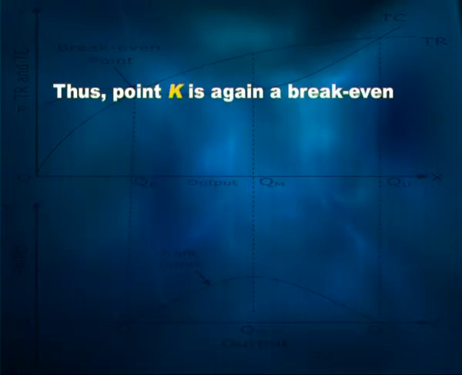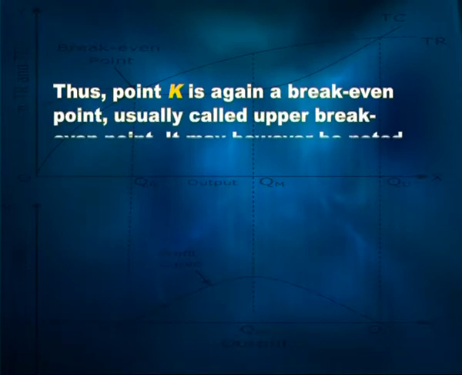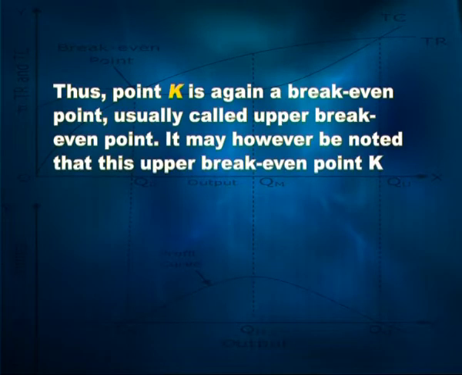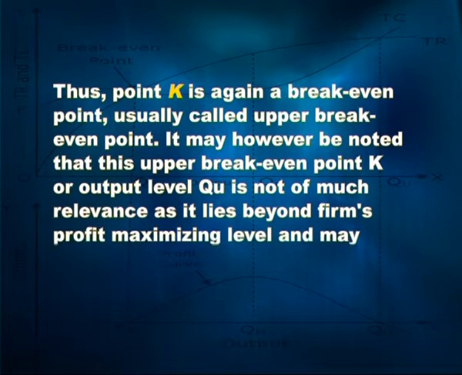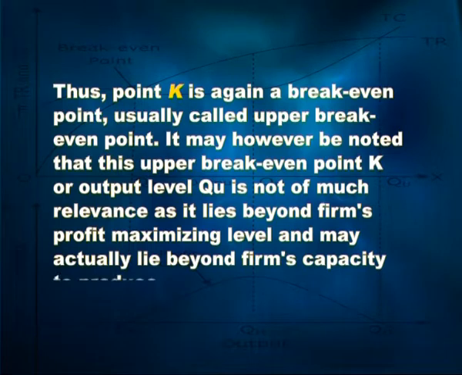This point K is again a break-even point, usually called the upper break-even point. It may however be noted that this upper break-even point K, or output level QU, is not of much relevance as it lies beyond the firm's profit maximizing level and may actually lie beyond the firm's capacity to produce.